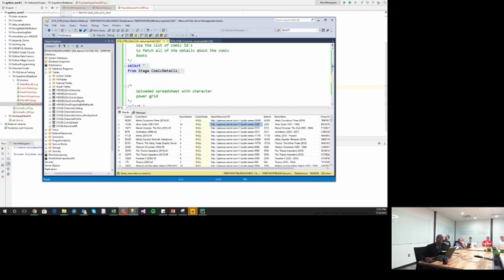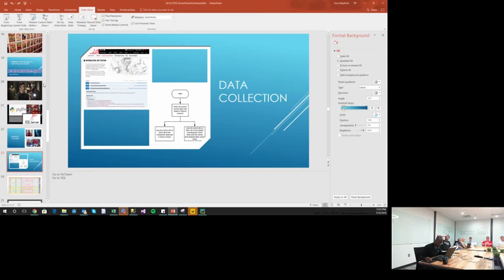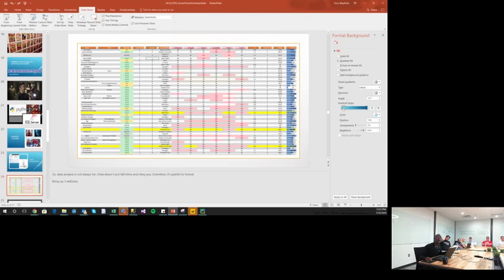Now, data is not always easy or pretty. One of the important things was to understand the characteristics of all of the heroes.